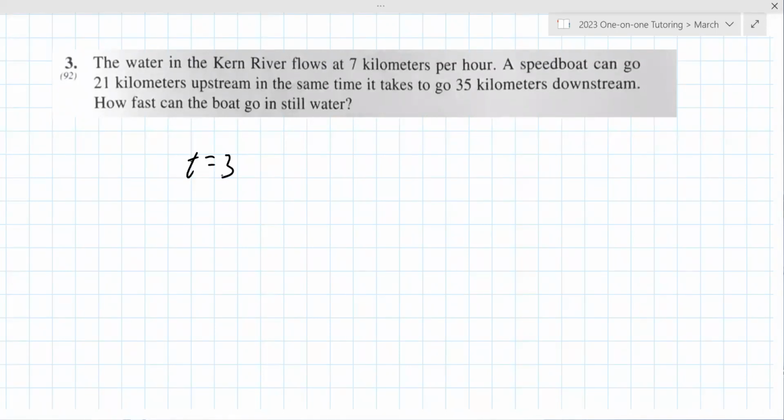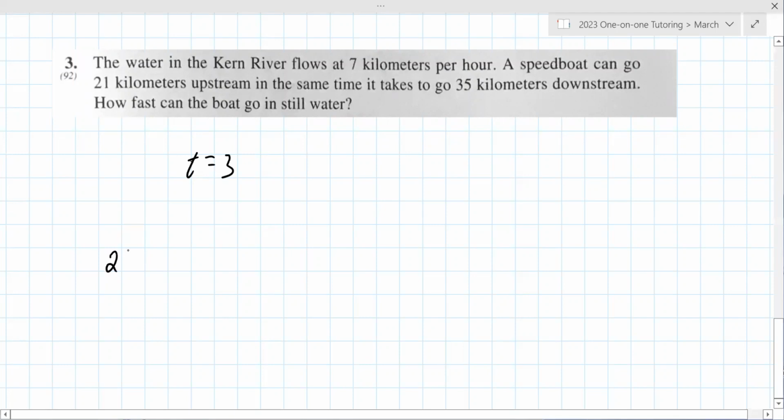Okay. Tell me your setup here. Tell me what equations you wrote. So I wrote 21 equals r plus 7 times t. Okay, good.